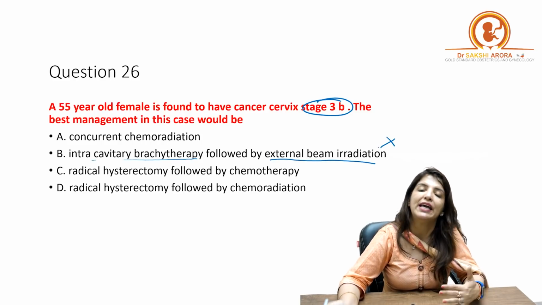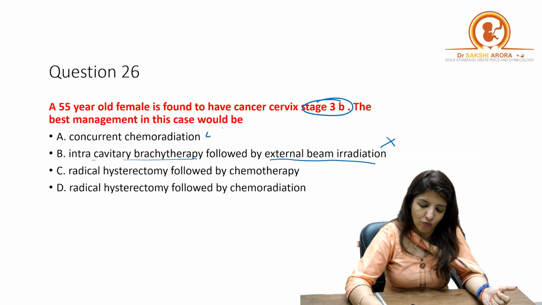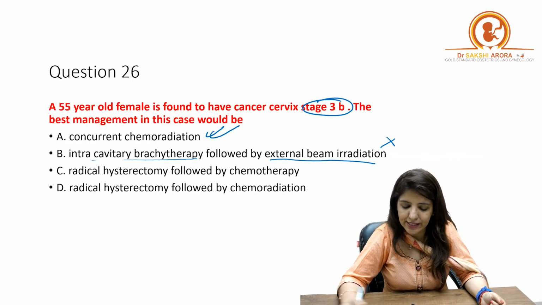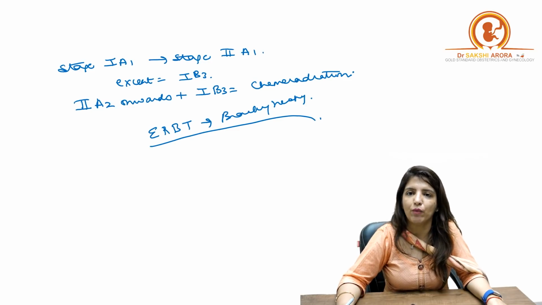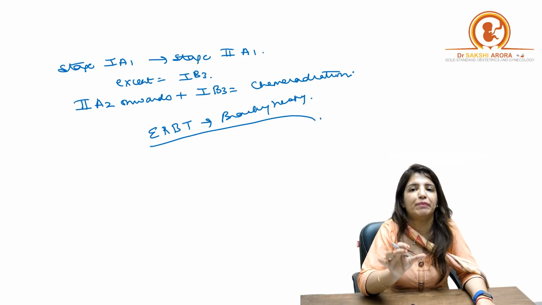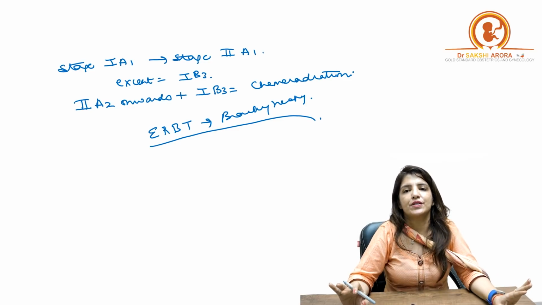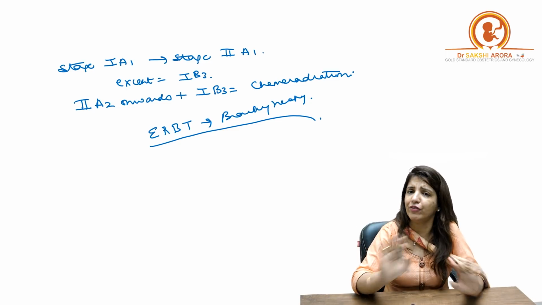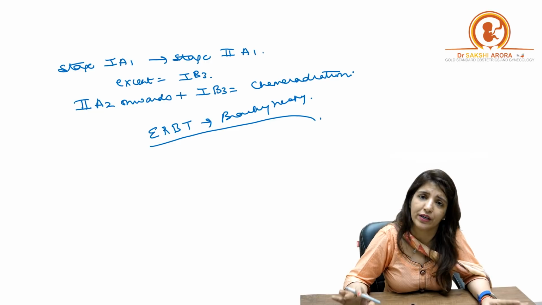That is also wrong. It's the other way round. So over here the answer is concurrent chemoradiation. Right? Easy. From stage 1A1 to 2A1 except 1B3, you have to do surgery. 1B3, then 2A2 onwards, everywhere you have to go for chemoradiation.